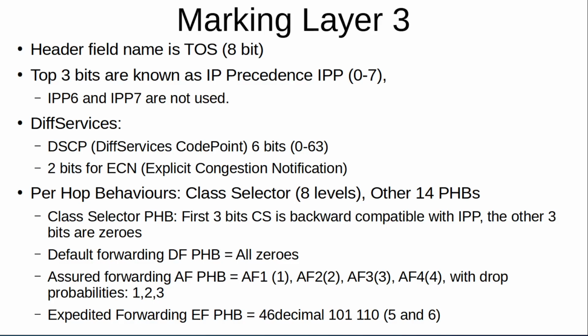Assured forwarding class 4 is usually used for video, and the other assured forwarding levels are used for critical applications such as SQL transactions and any other business critical application within your network.